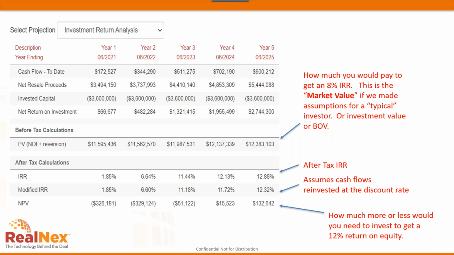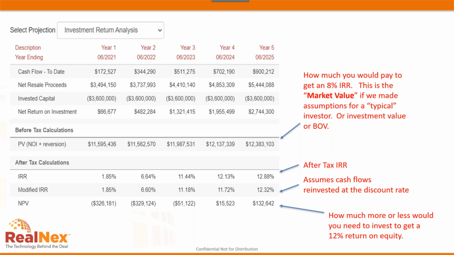That's not the value 5 years from now. That's the value if we sell it in 5 years, but the value today, assuming that it can be sold in 5 years. And then the IRR, 12.88, pretty nice IRR, hard to get in the current market. Our adjusted or modified IRR, which took into consideration the reinvestment rate.